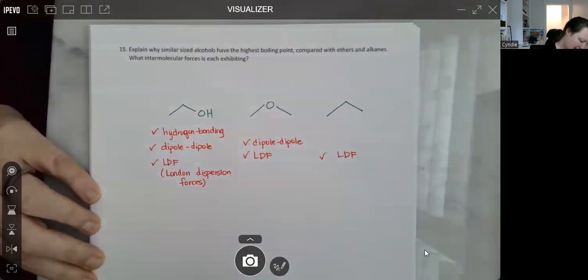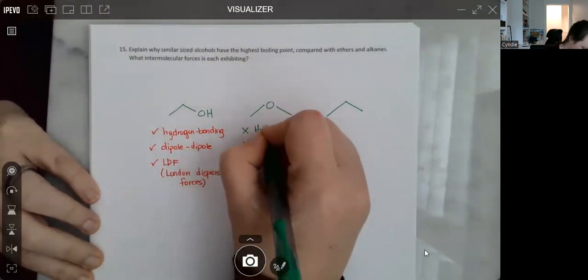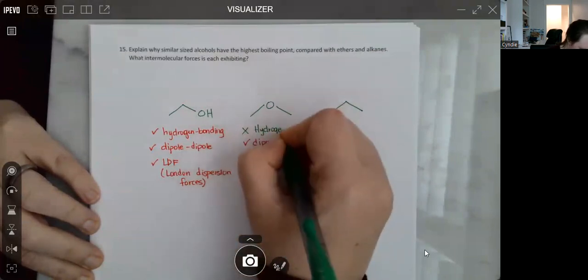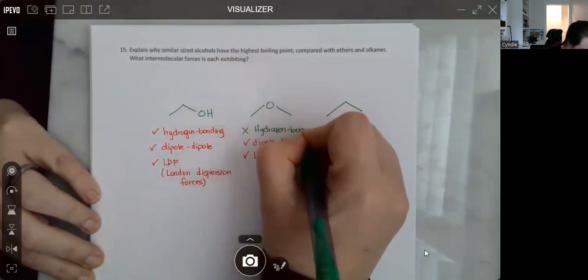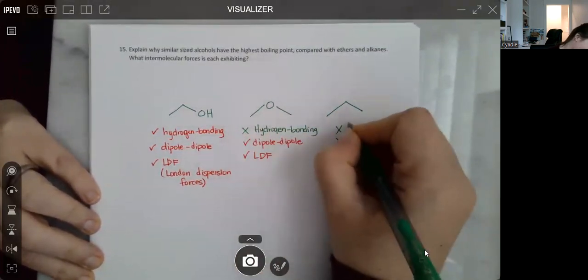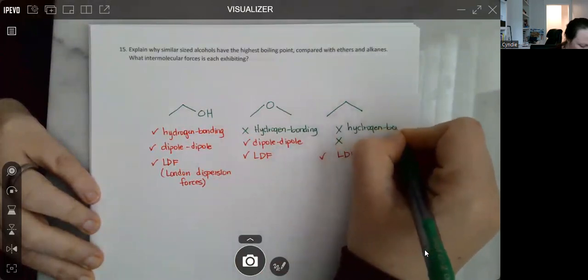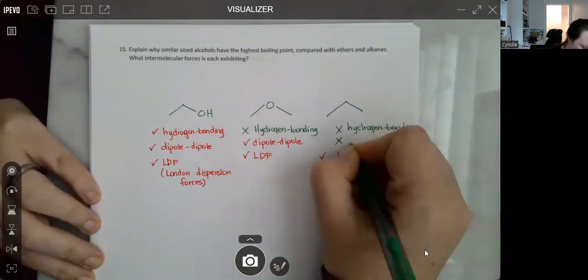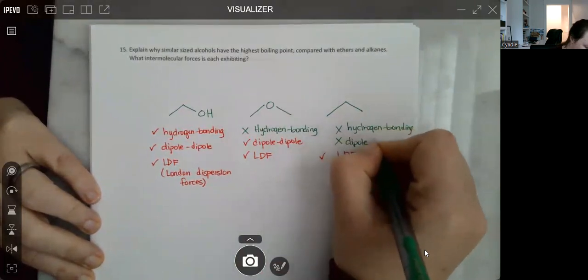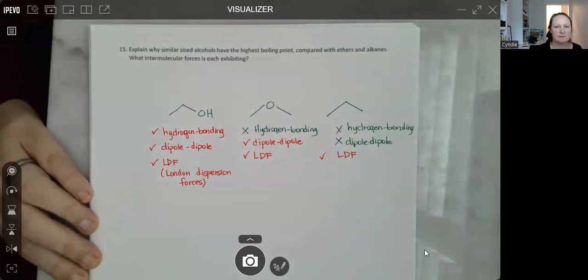Right, so maybe I'll just put an X, no hydrogen bonding. And then no hydrogen bonding or dipole-dipole in the case of the alkane, right?